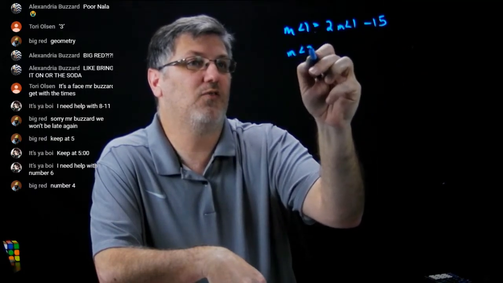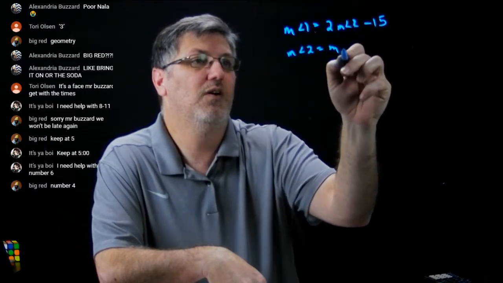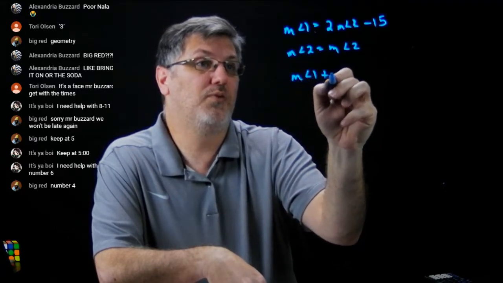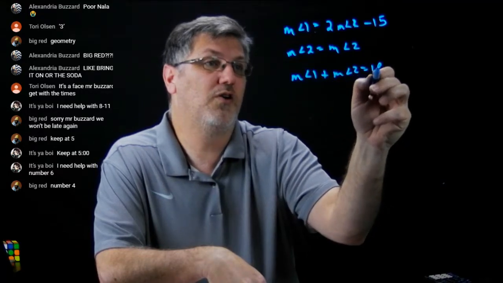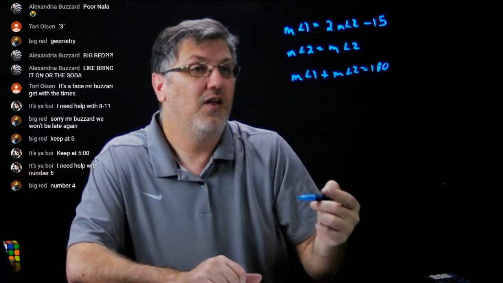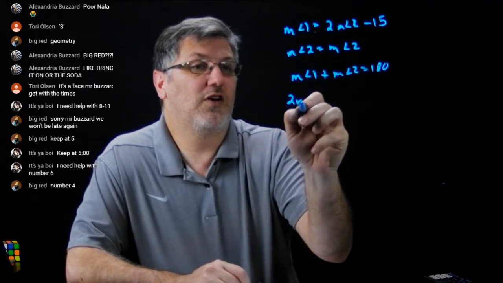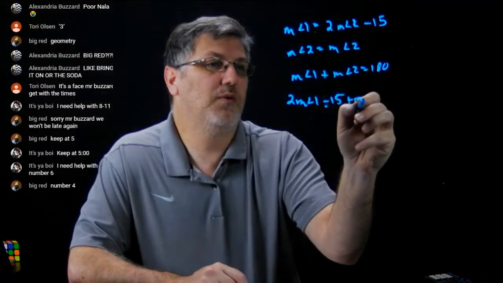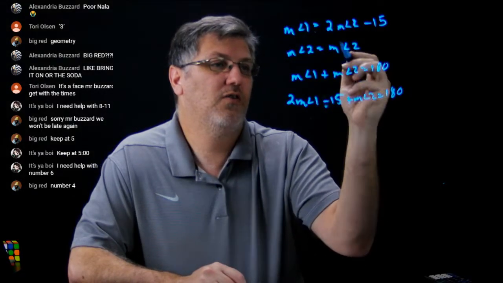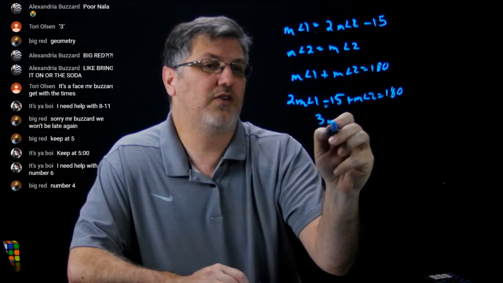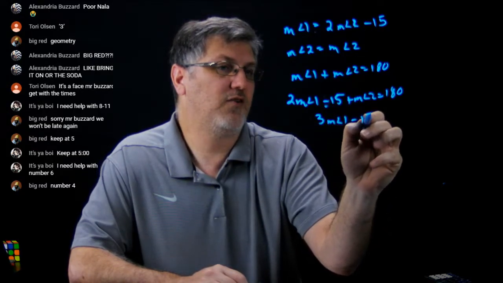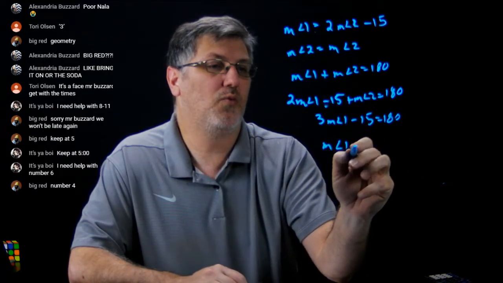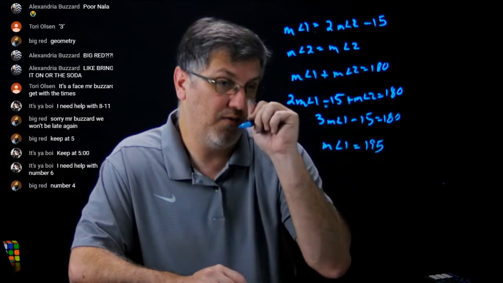And we know the measure of angle 1 plus the measure of angle 2 equals 180 because it says it's supplementary. Plug it in. 2 times the measure of angle 2 minus 15 plus the measure of angle 2 equals 180. Combine like terms. 3 times the measure of angle 2 minus 15 equals 180. Add 15 to both sides. 3 times the measure of angle 2 equals 195.